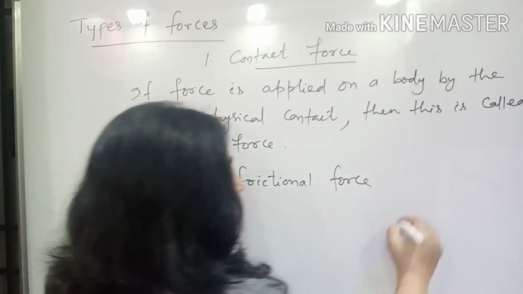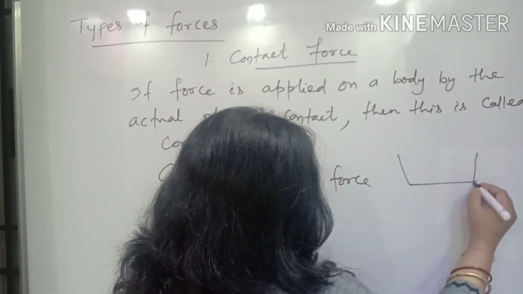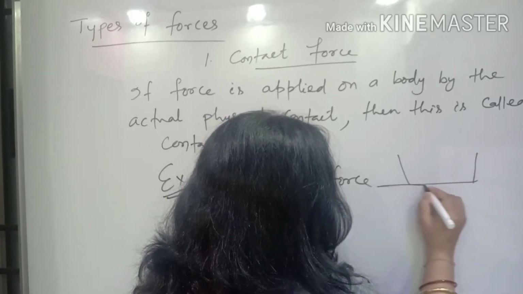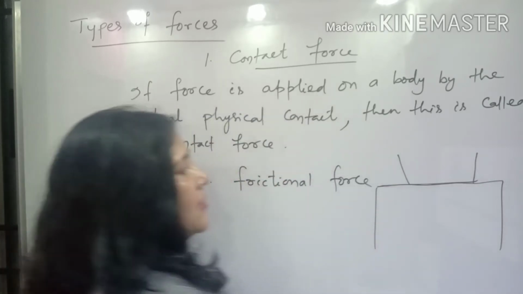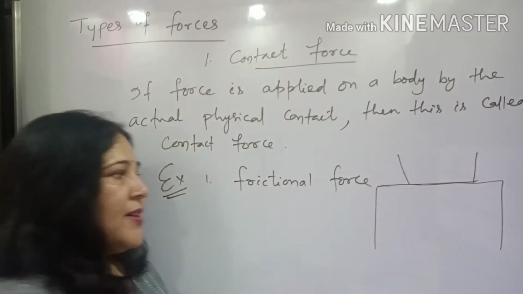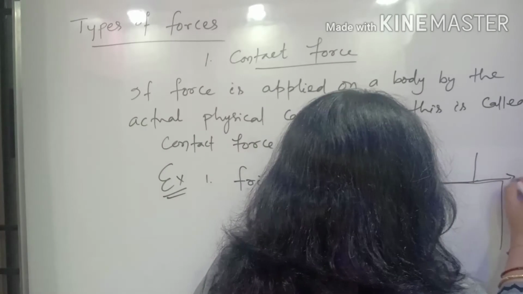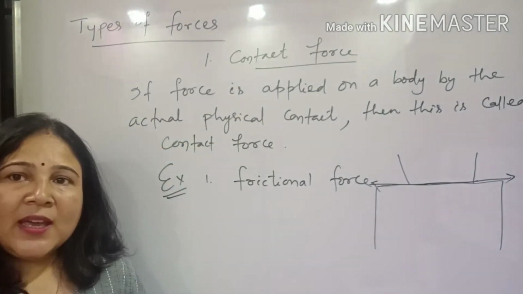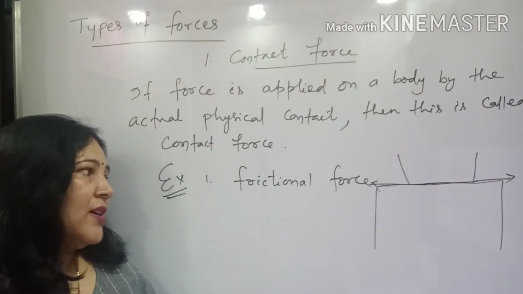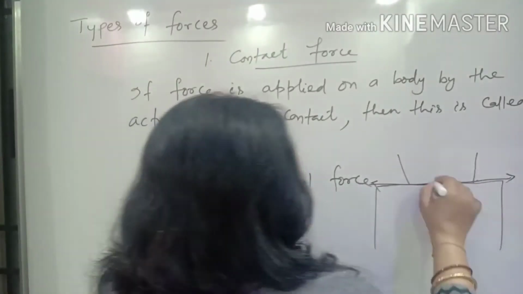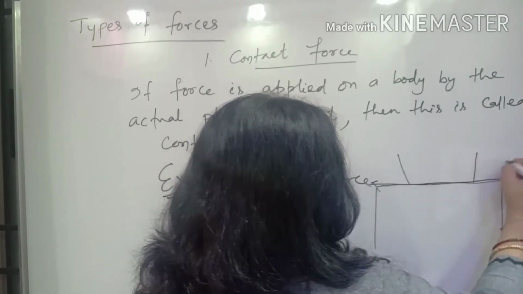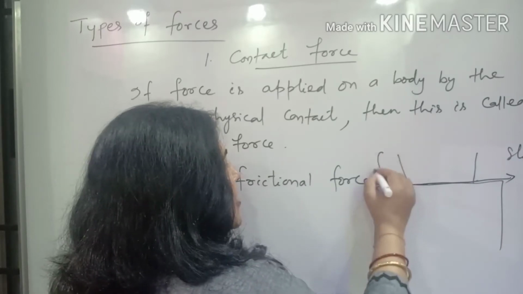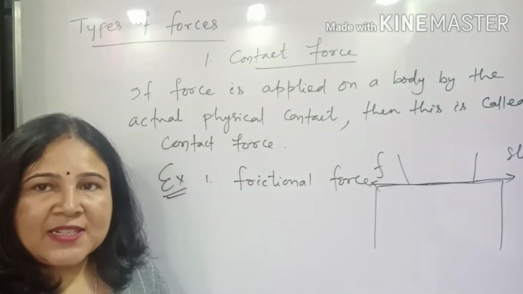Whenever a body slides upon another body, an opposing force comes into play, and that opposing force is called frictional force. So if the body is sliding in this direction, then the frictional force will act in the reverse direction.